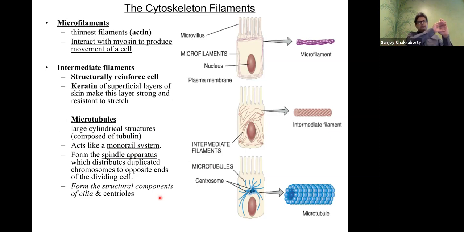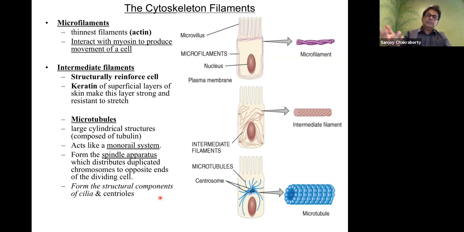So the tubulin sits everywhere in the cell. They're like a monorail system where, let's say, a mitochondria can hook onto the tubulin and glide from one place to another place. Basically, in other words, microtubules help in the transportation of molecules inside of a cell.